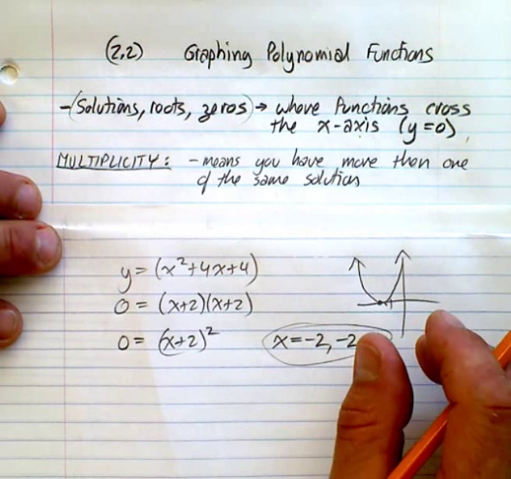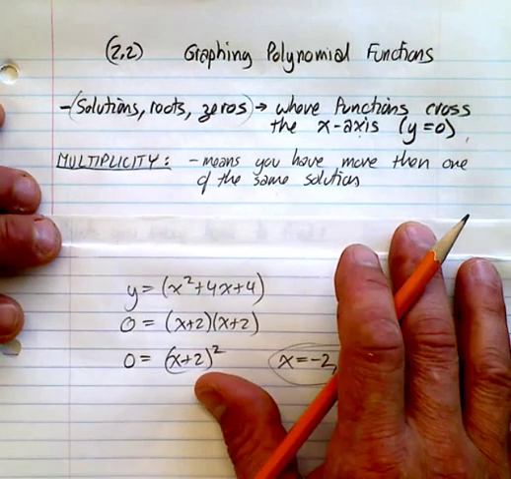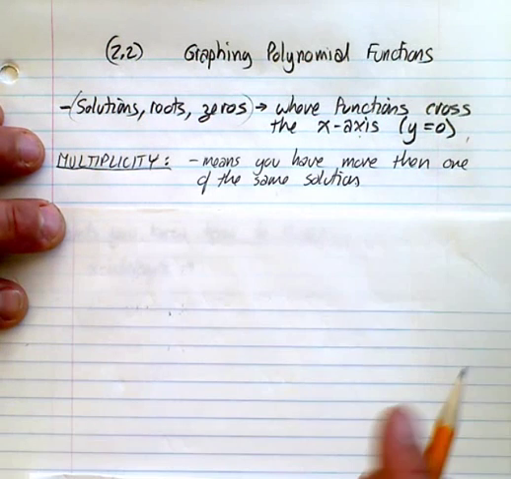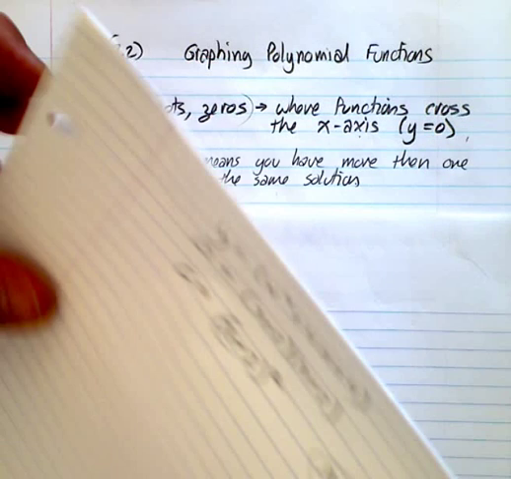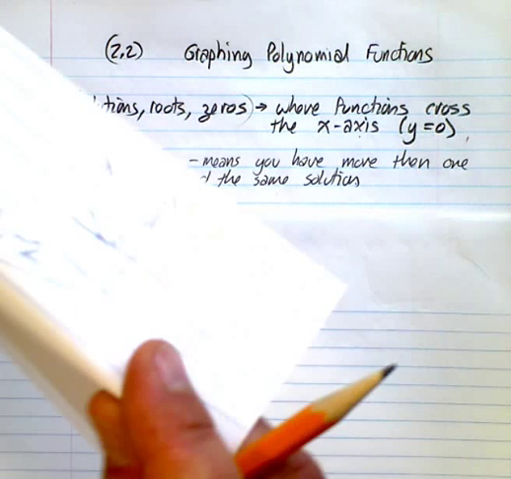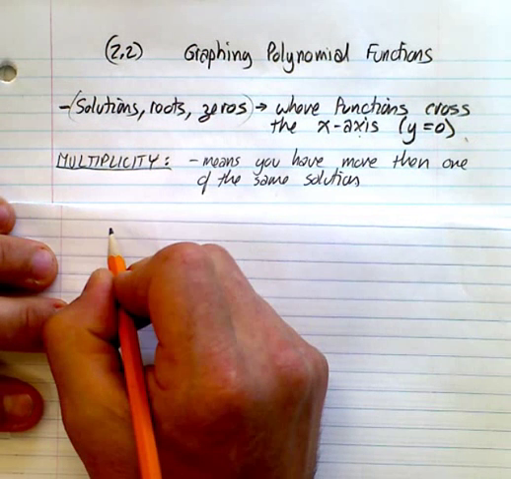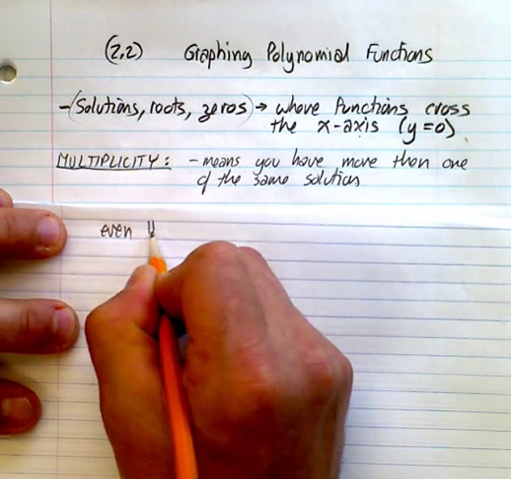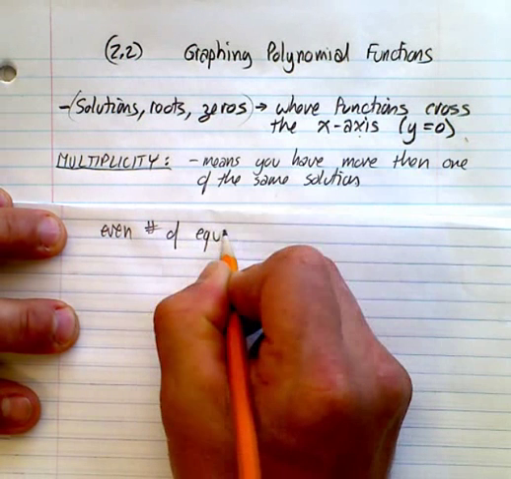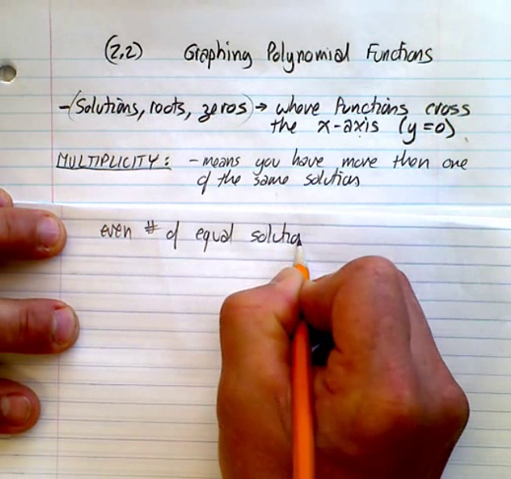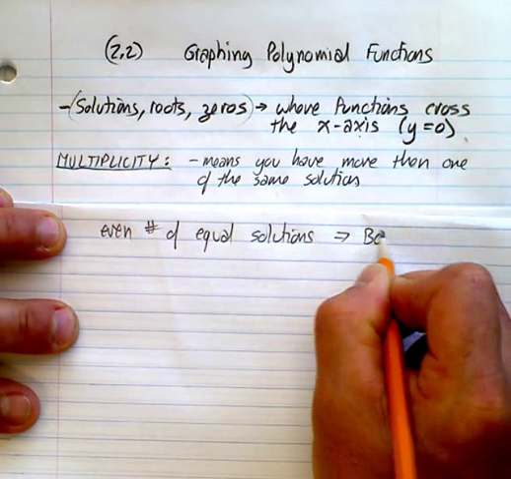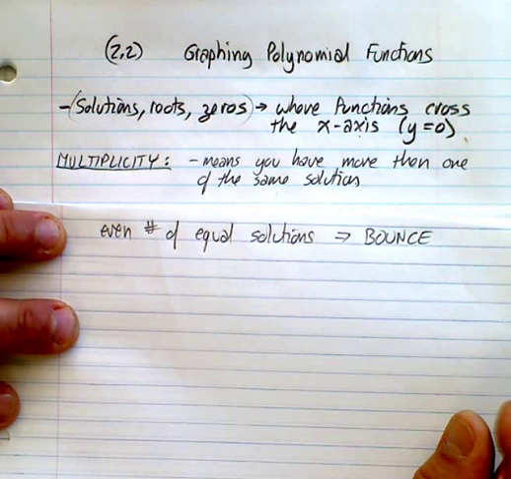And what occurs here with multiplicity is that if you have an even number of the same solution, it bounces, okay? With an even number of equal solutions, you bounce off the x-axis, okay?